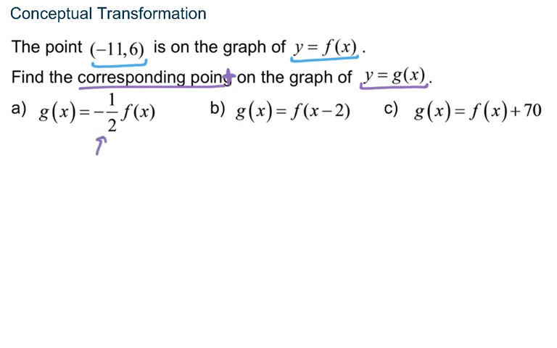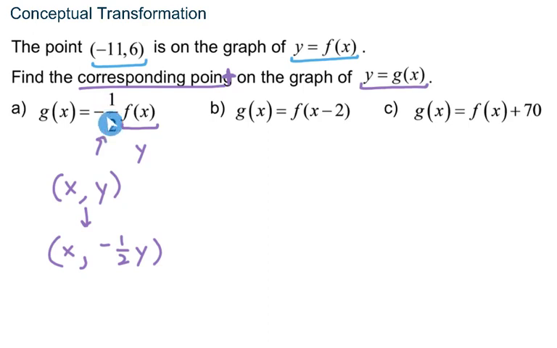Think about the fact that f of x really means y, and that this is multiplied on the outside. That means our given xy ordered pair is going to be transformed because we are going to multiply the y value by -1/2.